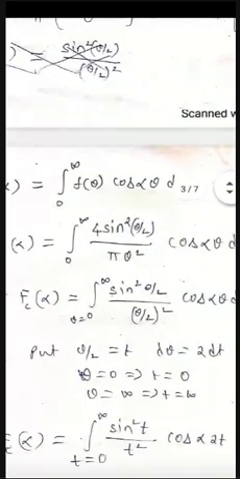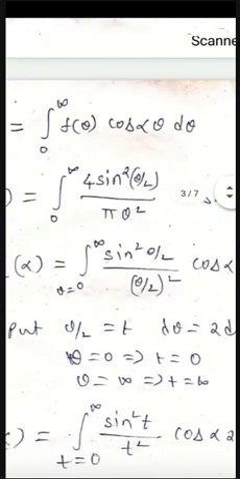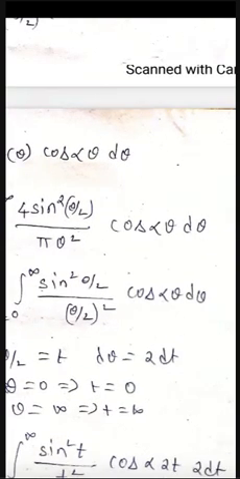In the numerator we have 4, and that 4 comes to the denominator as 1 by 4. Theta square by 4 can be written as theta by 2 whole square, cos alpha theta d theta as it is.